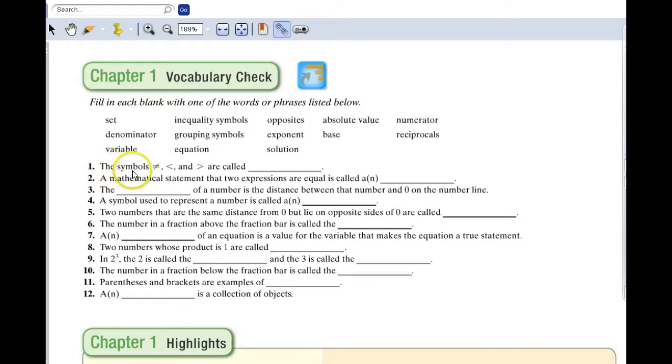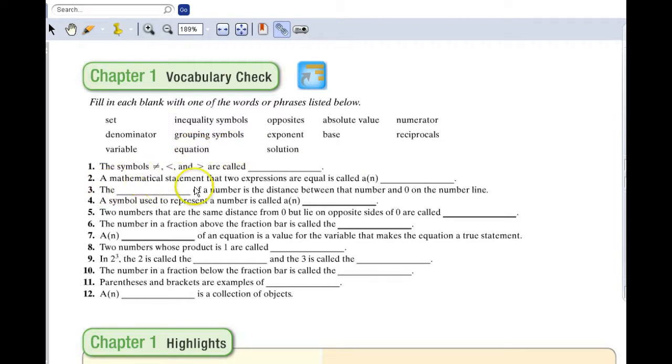Number 1, the symbol does not equal, is less than, is greater than are called inequality symbols. A mathematical statement that two expressions are equal, that is, something on one side equals something on the other side, this is an equation.